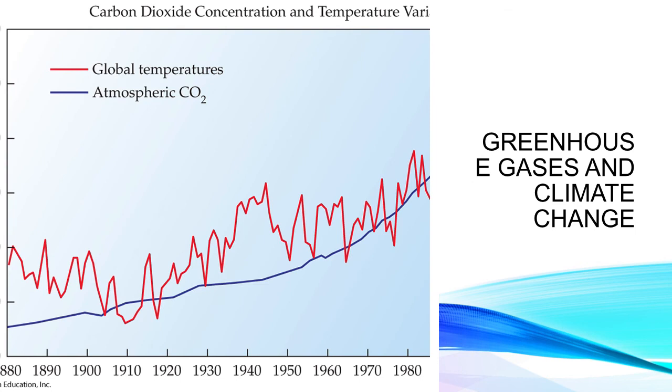One of those pieces of evidence is looking at the correlation between the global temperatures, the red line, and the amounts of carbon dioxide in the atmosphere. And you can see that as one increases, the other increases as well. As the Earth's climate changes, there's a lot of impacts on things like food production, flooding, and increased infectious diseases.